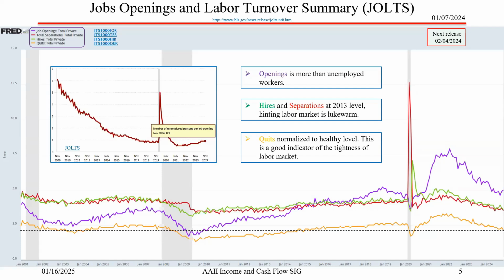If you look at the quits, it's back to a level that's in the mid of 2015 or 2004, the mid-cycle number. That is good. So basically, the job market isn't overheating and isn't terribly weak. And so that's probably what they call Goldilocks.